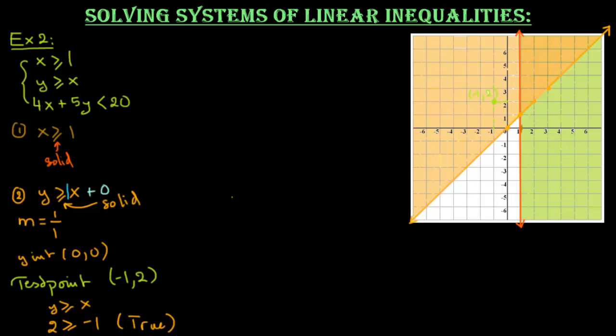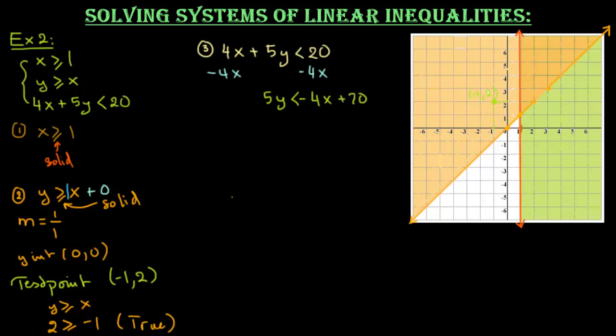So the last one, inequality 3, we have 4x plus 5y less than 20. Okay, so we have to isolate the y. Subtract 4x on both sides. So we have 5y less than negative 4x plus 20.